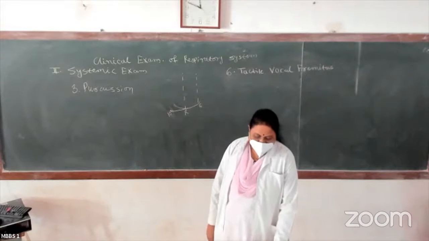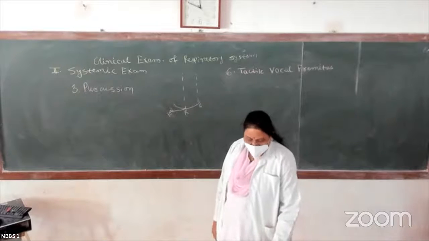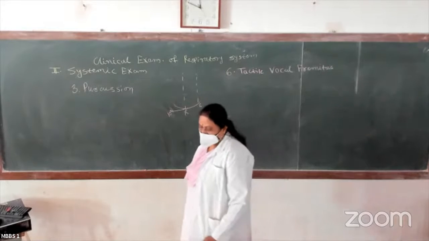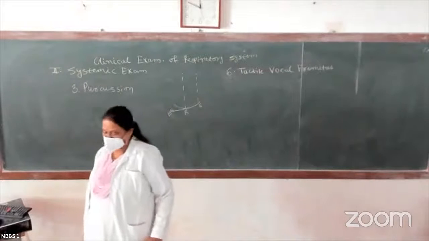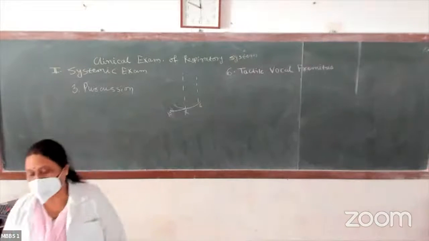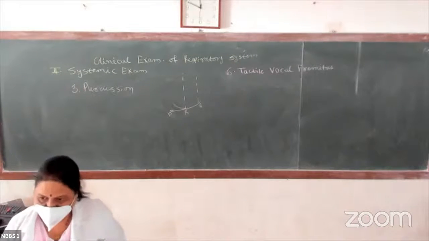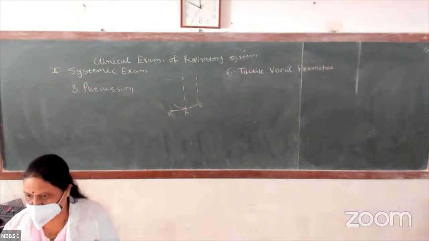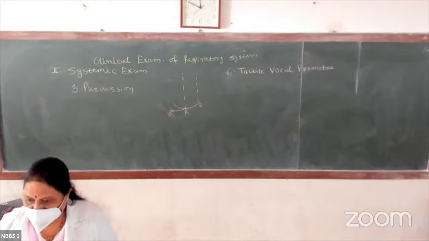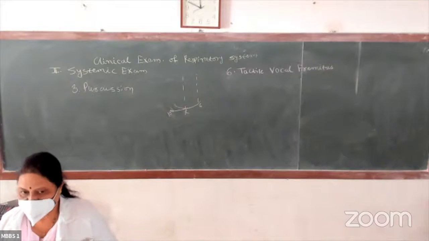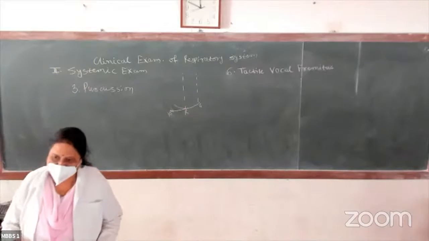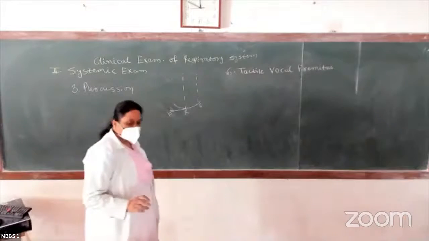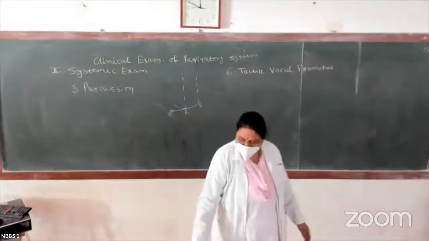Then auscultation. Auscultate first for the normal breath sounds. Auscultate all over the 9 areas of the chest. Put the stethoscope on the supraclavicular area, infraclavicular area, supramammary, inframammary, at the axillary area, and on the back side: suprascapular, infrascapular, and interscapular.